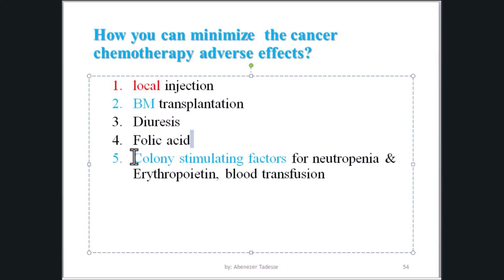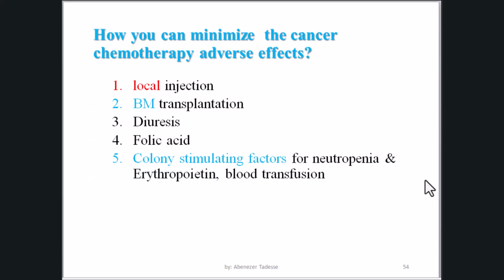The other one is the leucovorin rescue therapy. The other one is colony stimulating factor, especially for neutropenia, so this can prevent infection. The other one is erythropoietin, to decrease the incidence of anemia. Through blood transfusion and giving erythropoietin, we can minimize the side effects.